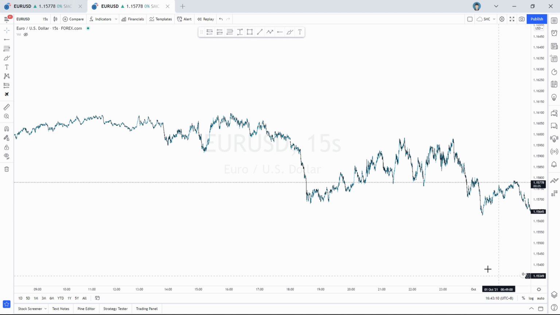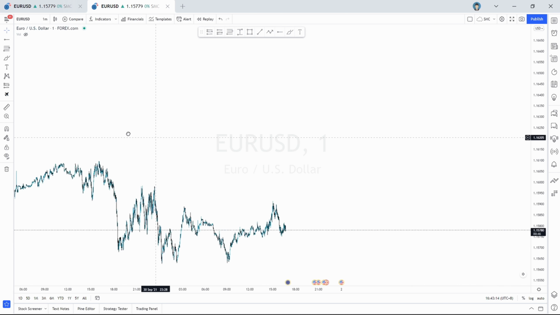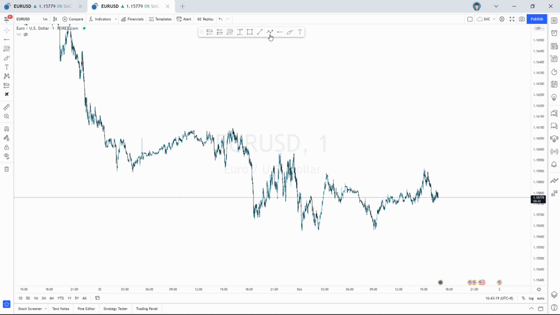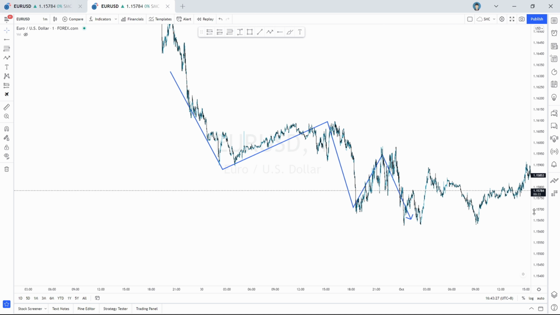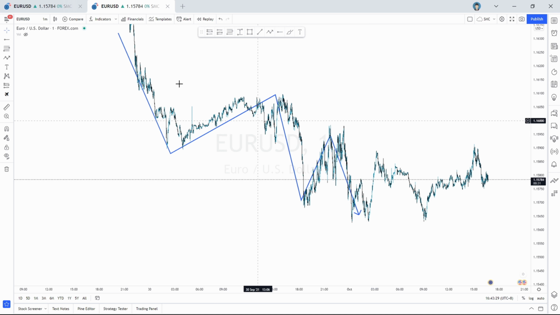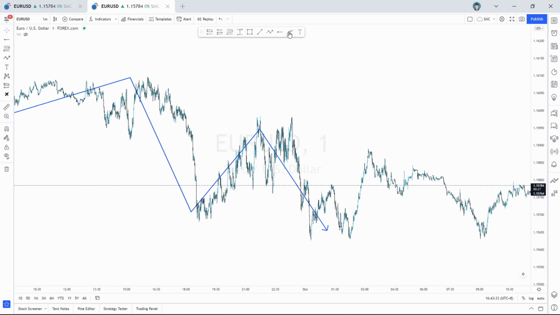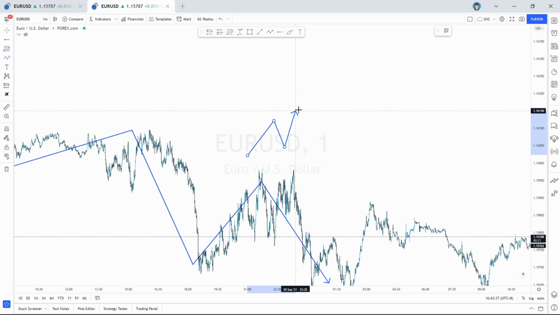Remember, I said always remember the first rule, which is structure. So what is structure doing? Right now, we're in a bearish move or a downtrend, since it broke this lower low, created a new lower low. So obviously, we're expecting structure to continue to the downside. So obviously, we would be looking for distributions, because what do distributions do?